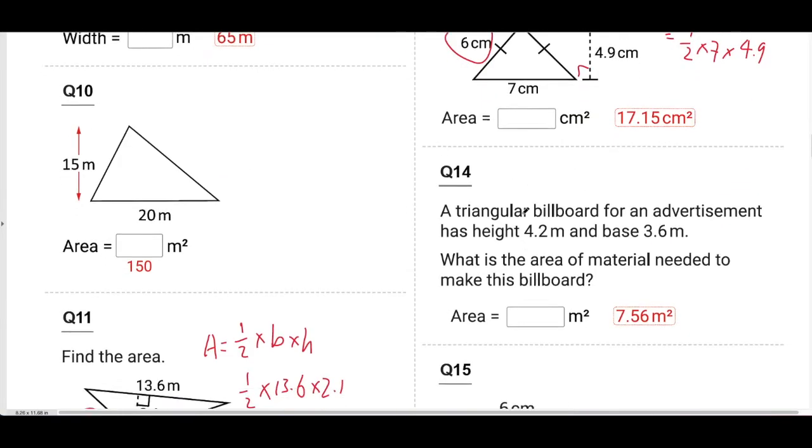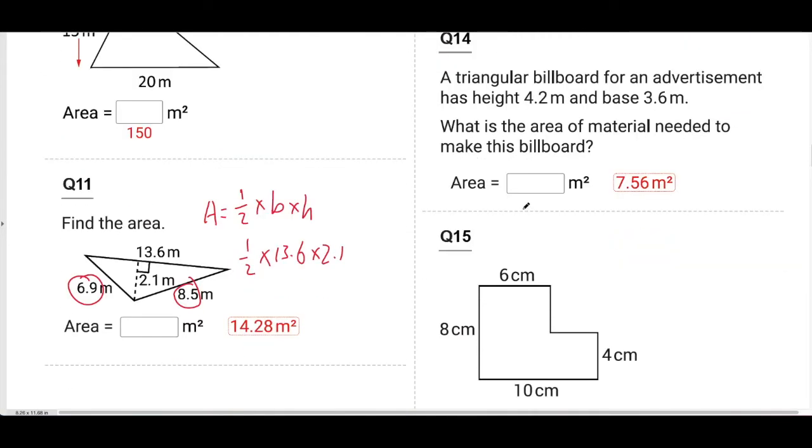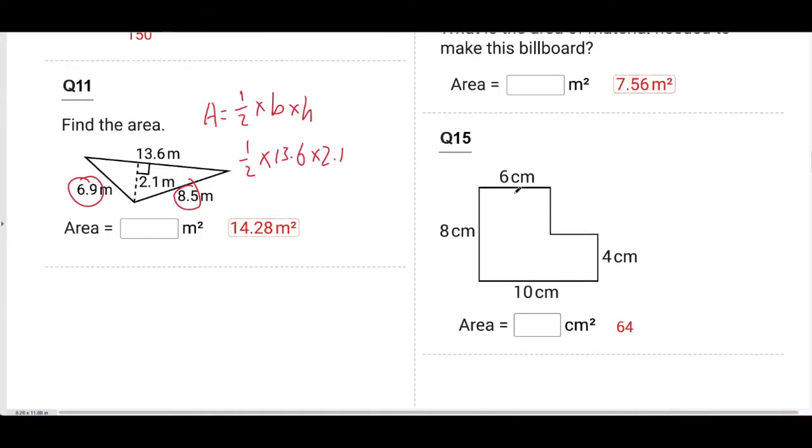Question 15 was another question where less than 40% of you got correct. All right, come on. This is not difficult. So remember, you can just draw a line here. Okay. Draw a line, split the shape up into A1 and A2. All right, so total area is equal to A1 plus A2.